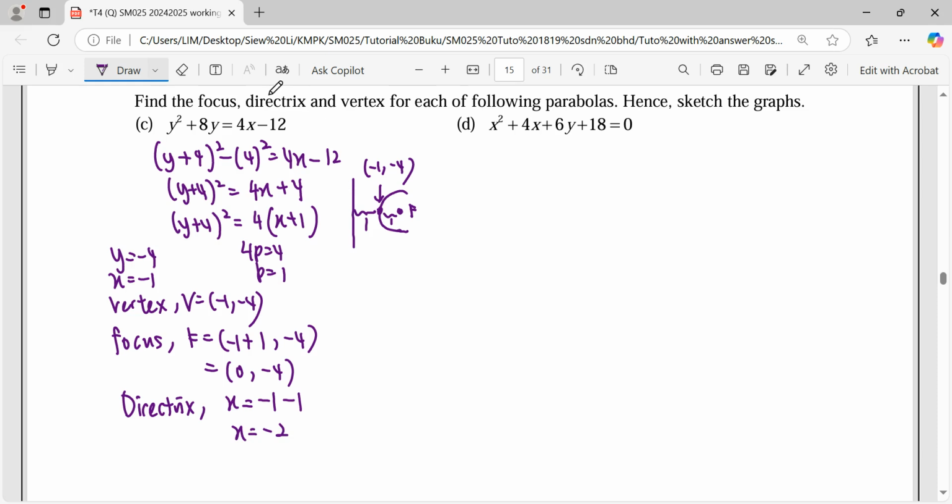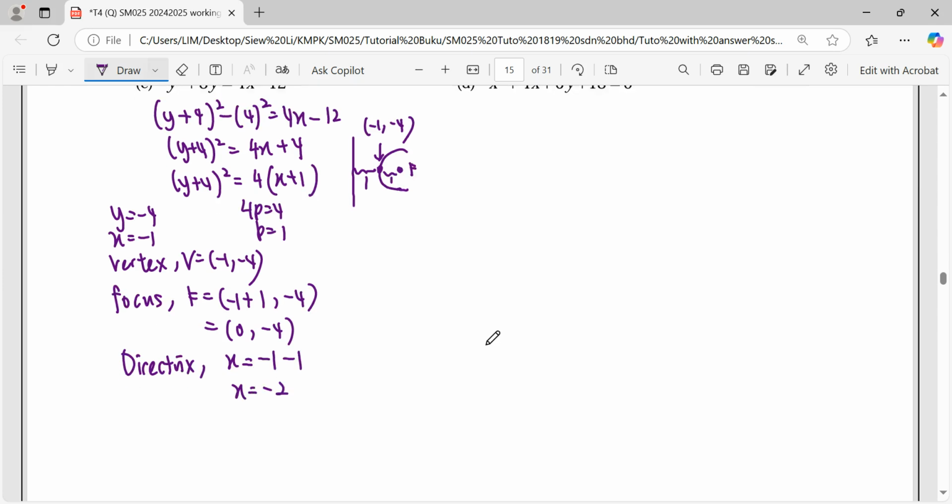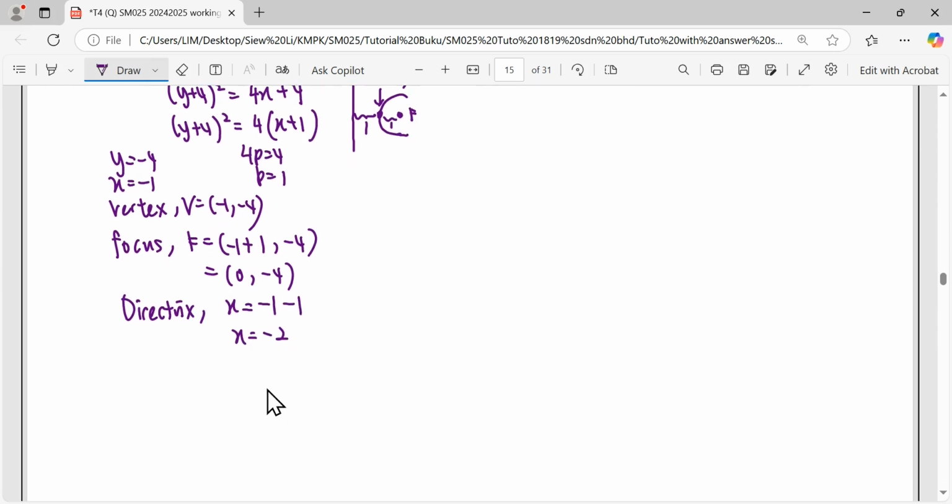After we find all these, the focal point, directrix and vertex, we are going to draw them on the Cartesian plane. So we sketch our x-axis and y-axis. We know that the directrix is vertically at negative 2, and the vertex starts from negative 1.